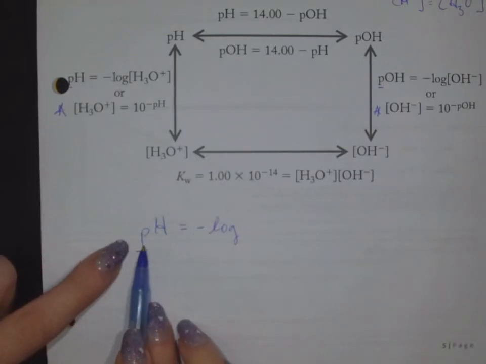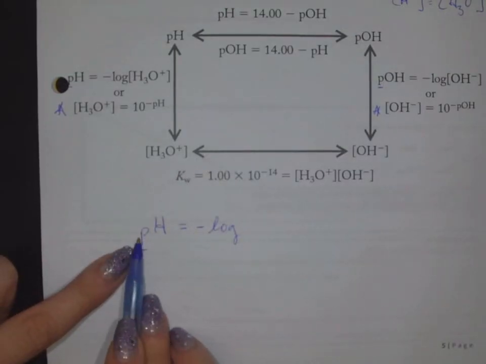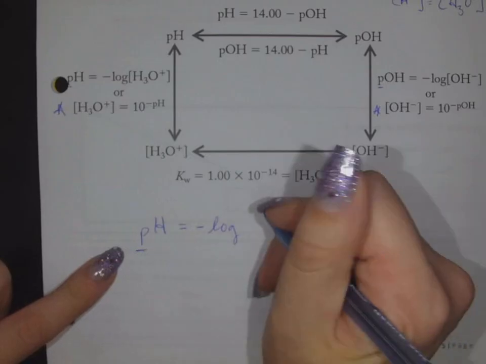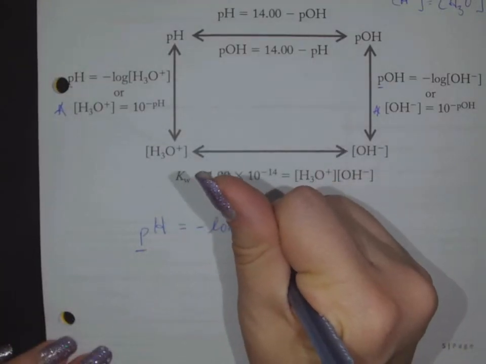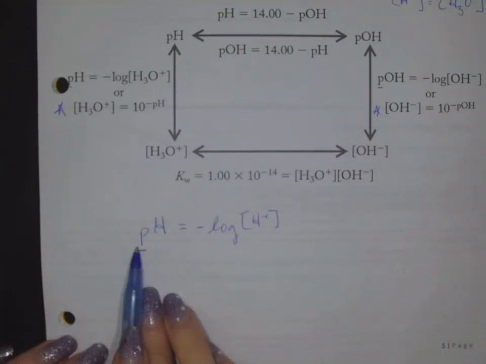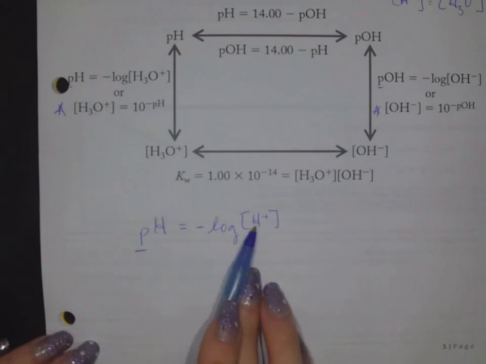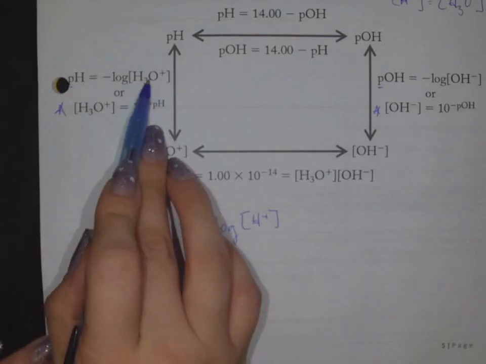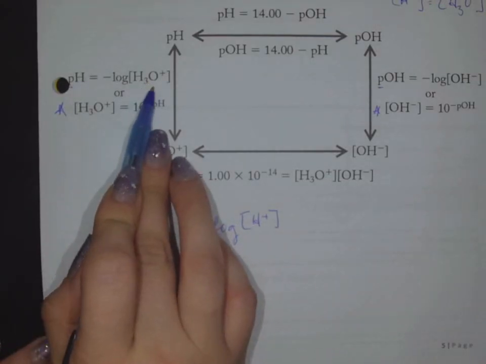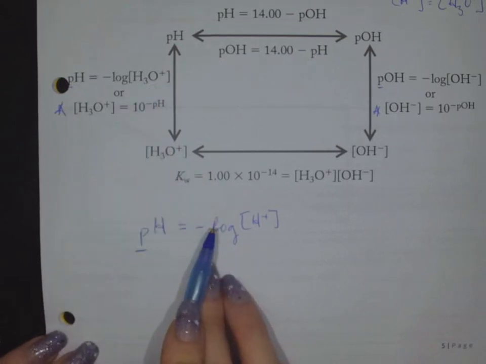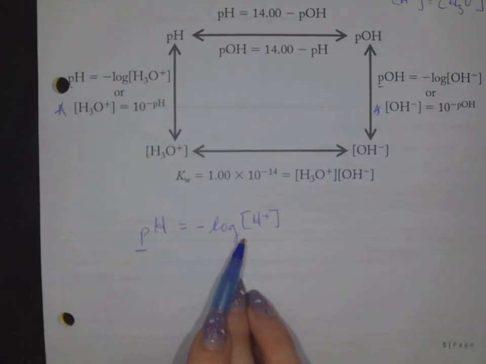So if there's a P and then an H, then it's the negative log of the concentration of H+. So pH is equal to the negative log of H+, and again, we can replace that with hydronium, H3O+. This is a log base 10, by the way.